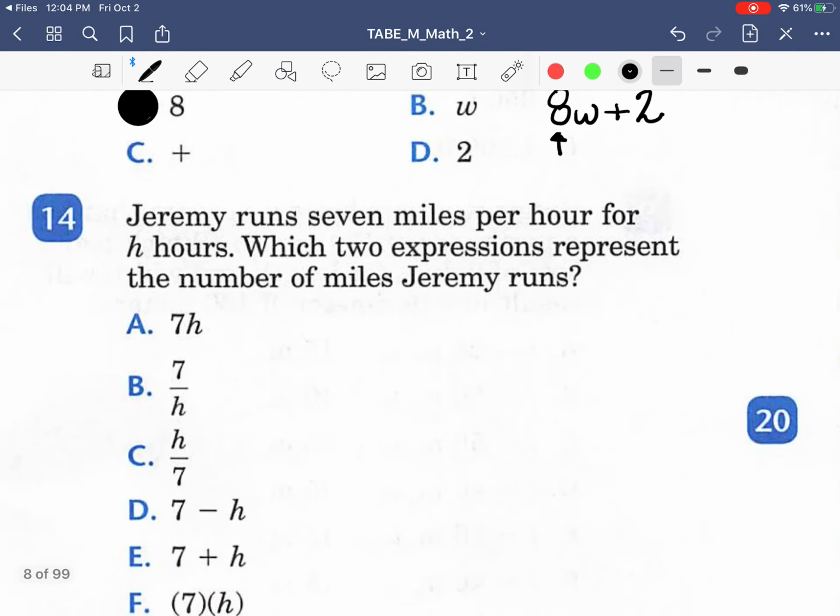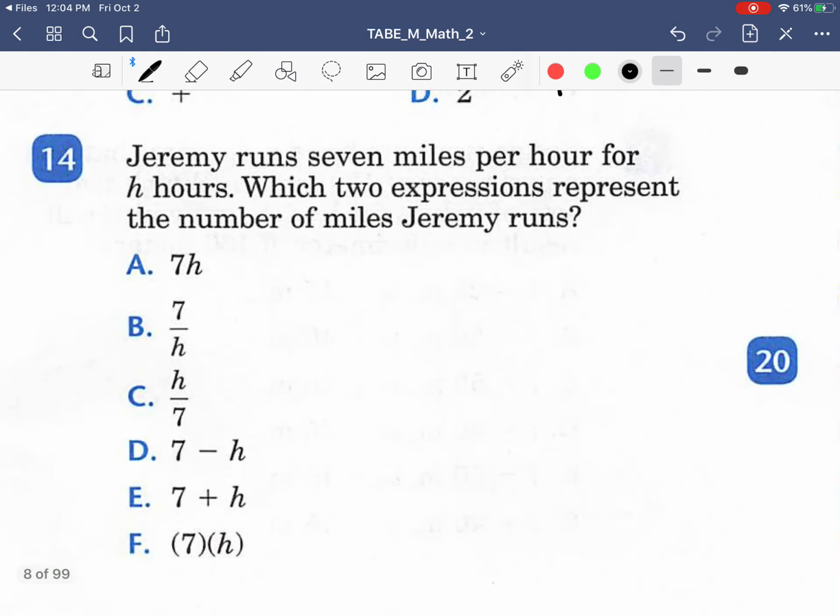Jeremy runs 7 miles per hour for h hours. Which two expressions represent the number of miles Jeremy runs? So we have 7 per hour, and this is going to be the letter H. So 7 per h, that means 7h, or 7 times h.